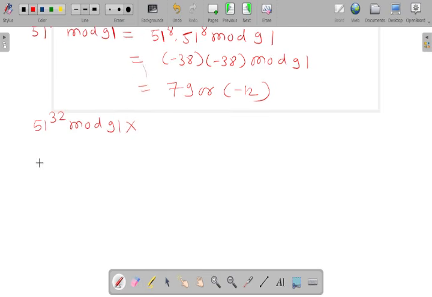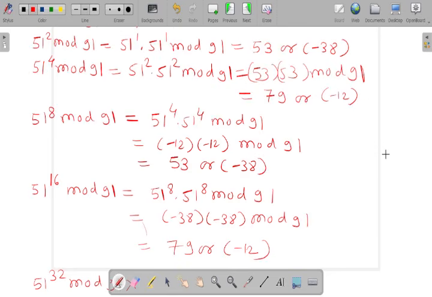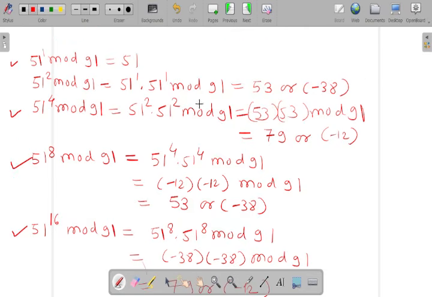Now we will not calculate 51 raised to 32 mod 91 because we want the answer for 51 raised to 29 mod 91. That is 51 raised to 16, 51 raised to 8, 51 raised to 4, 51 raised to 1 mod 91. So you can check the values here: 51 raised to 16, 51 raised to 8, 51 raised to 4 and 51 raised to 1.